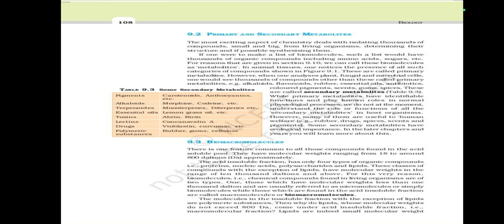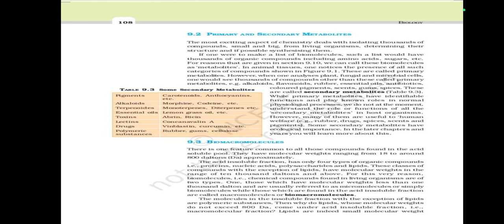Biomacromolecules. There is one feature common to all those compounds found in the acid soluble pool. They have molecular weights ranging from 18 to around 800 daltons approximately.